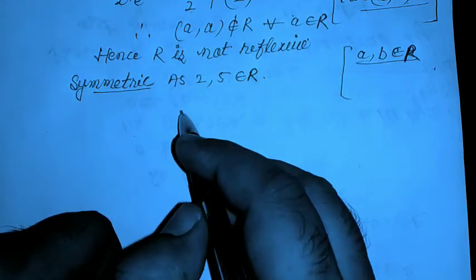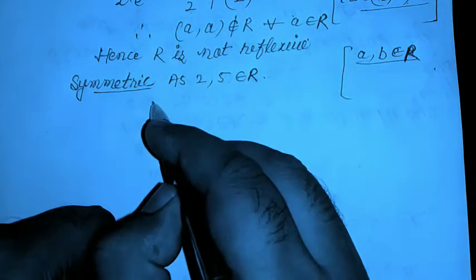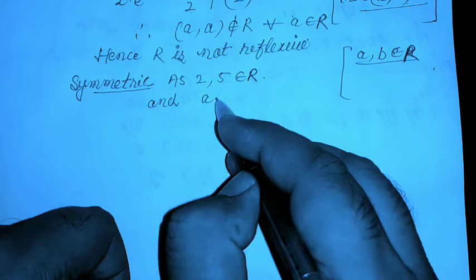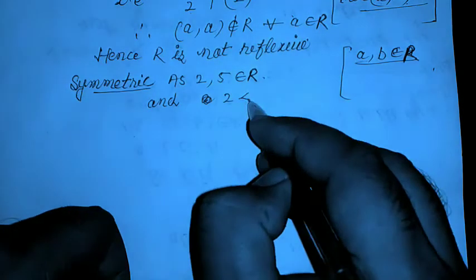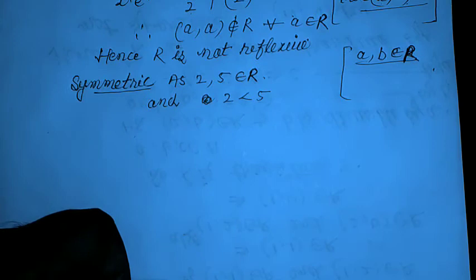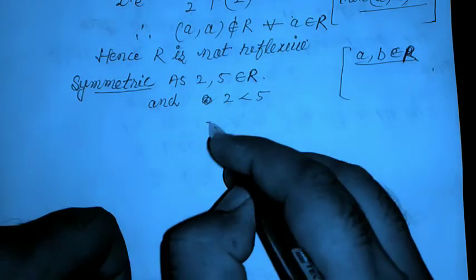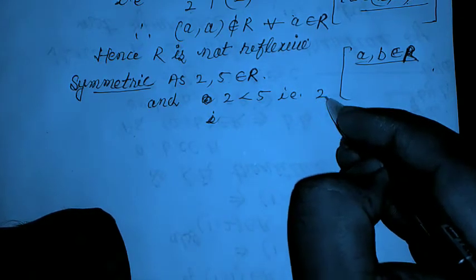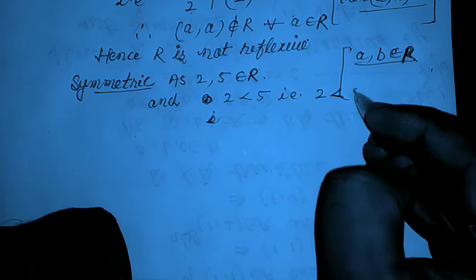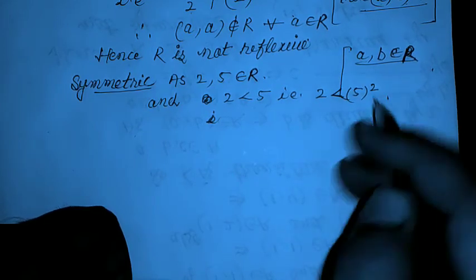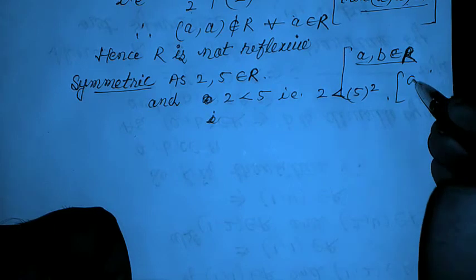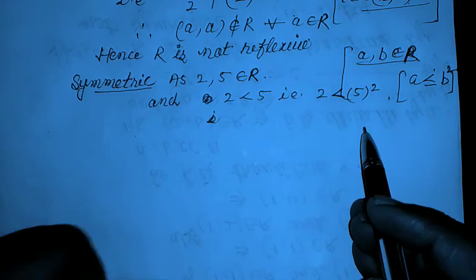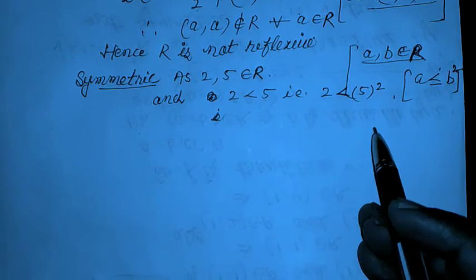Now see what the relation is. The relation is 2 ≤ 5². It is correct, because the relation is a ≤ b², so we take the square of 5 here.